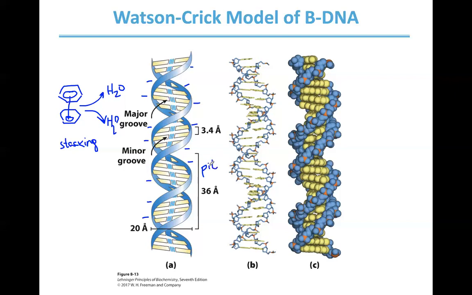I'll write this down and I'll check later. I'll let you know if this isn't correct. It is 36 angstroms. So it's almost 10 base pairs, but a little more. So basically one helical turn in normal DNA is 10.5 base pairs.